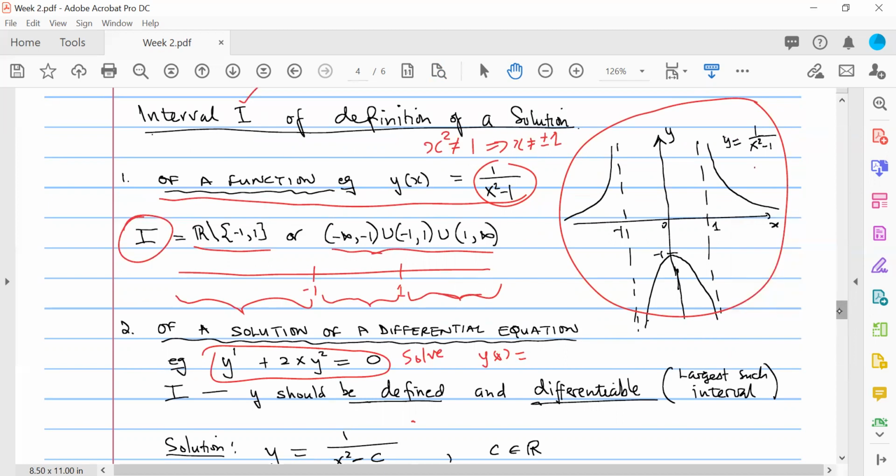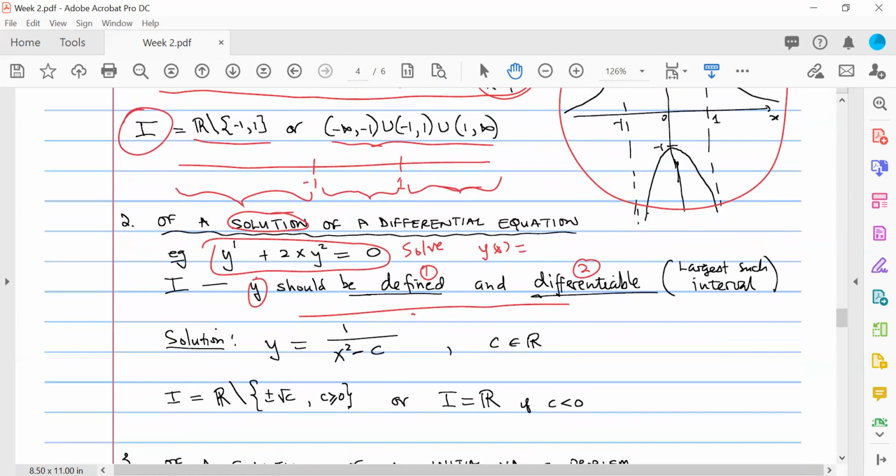And of course, if it's now a solution, then what we are looking for is the interval where the solution y should be, one, defined and, two, differentiable. And we're looking for the largest possible interval. Like before, you start with the whole of the real number line, and then you search for points that are not allowable in the solution.